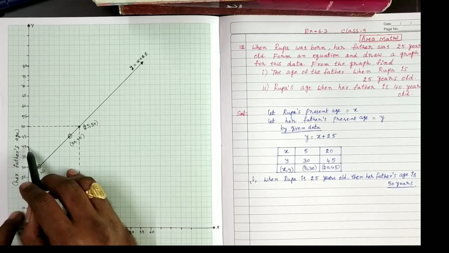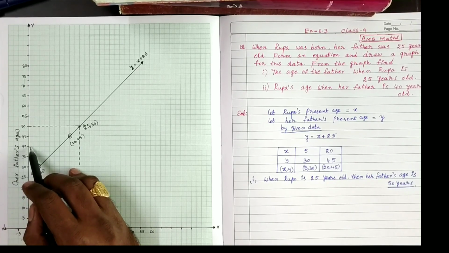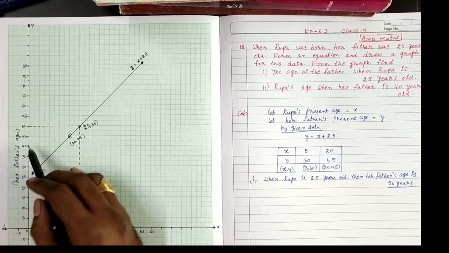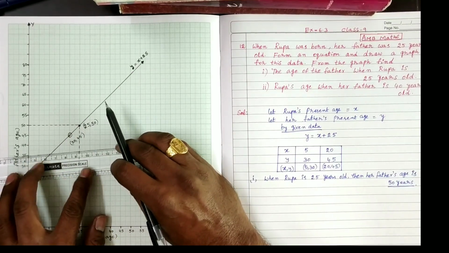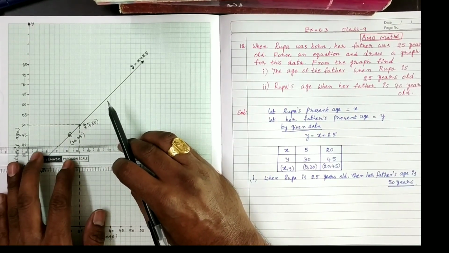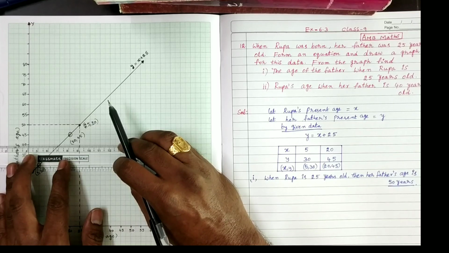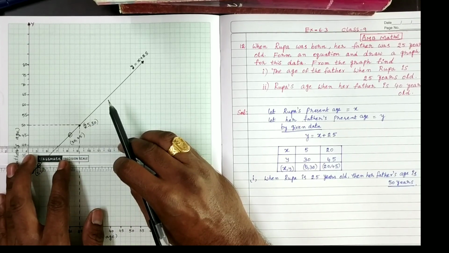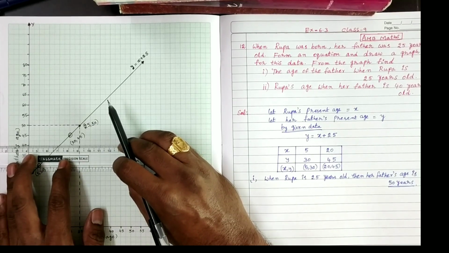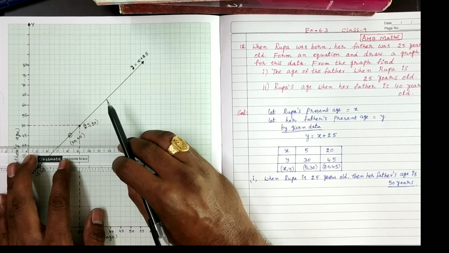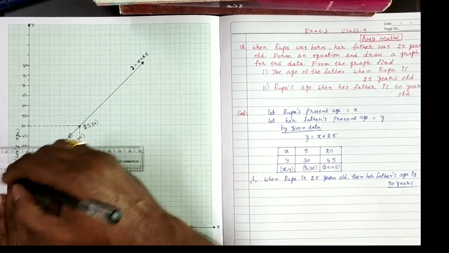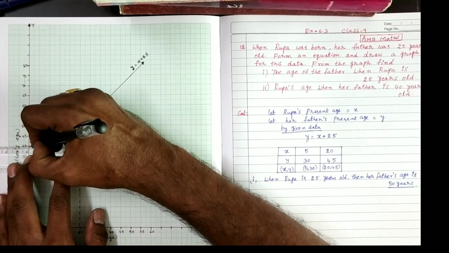Her father's age is 40 years. So draw a perpendicular line at 40 years of her father's age to the given equation y equals x plus 25.